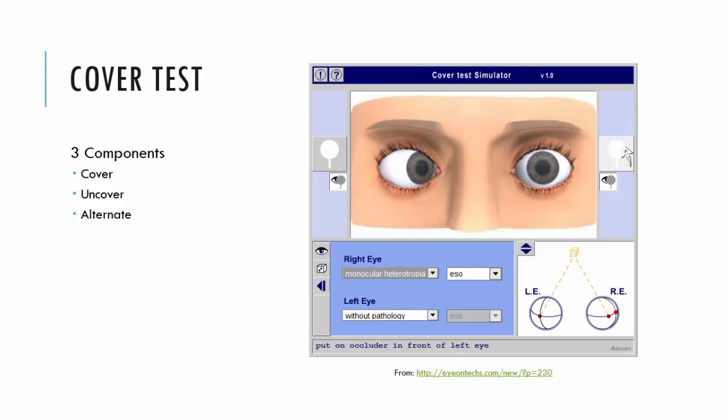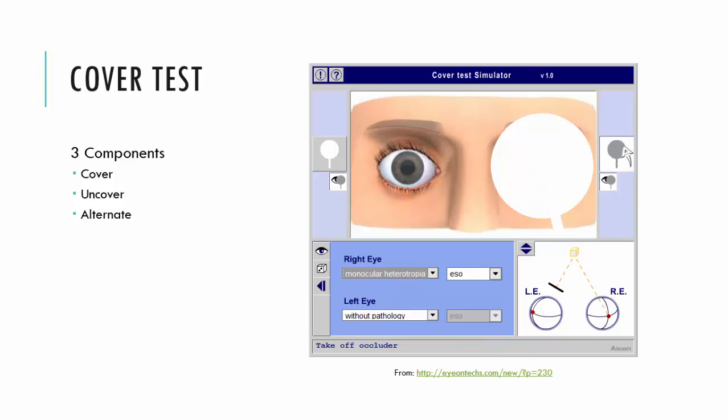We see that the eye is moving out to take up fixation. Does that mean we have an esophoria? No, it does not mean we have an esophoria. The movement we see there is purely because, as we'll see the right eye go back to being an eso, the left eye returns to taking up fixation.